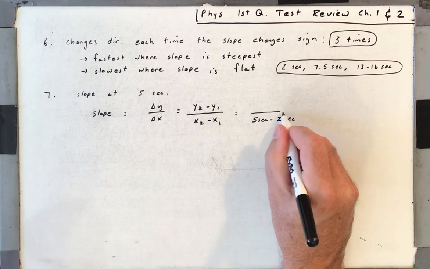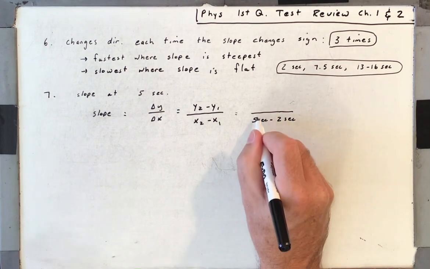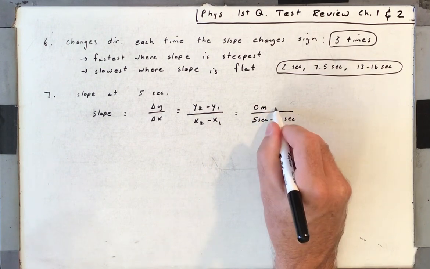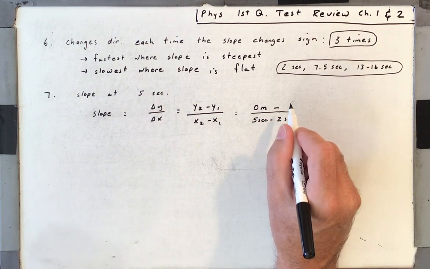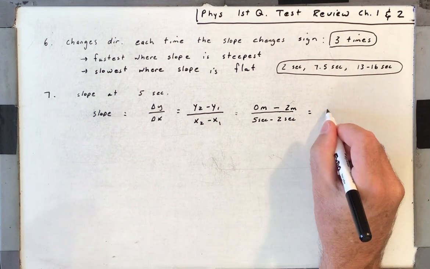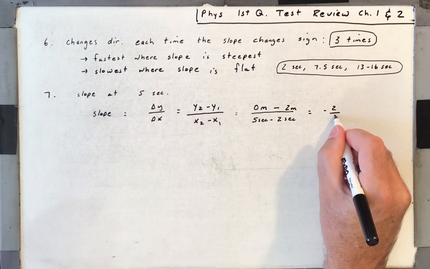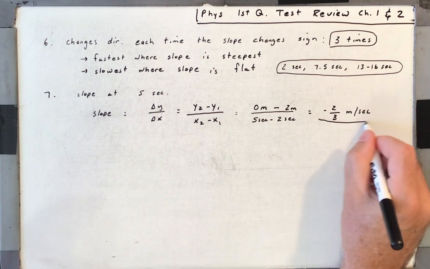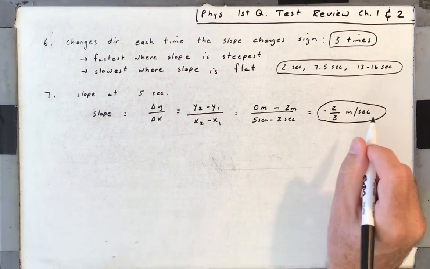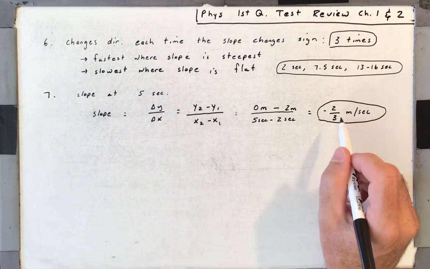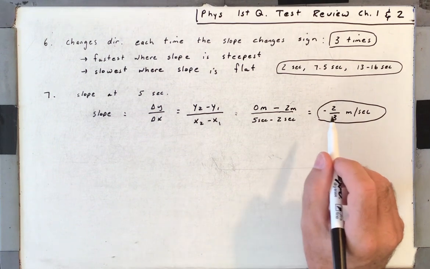What's the position at 5 seconds? It's 0. What's the position at 2 seconds? It is 2. So that's negative 2/3 meters per second. It makes sense that it's negative because the slope is negative. So the velocity is negative at 5 seconds, and it's negative 2/3, just the slope.